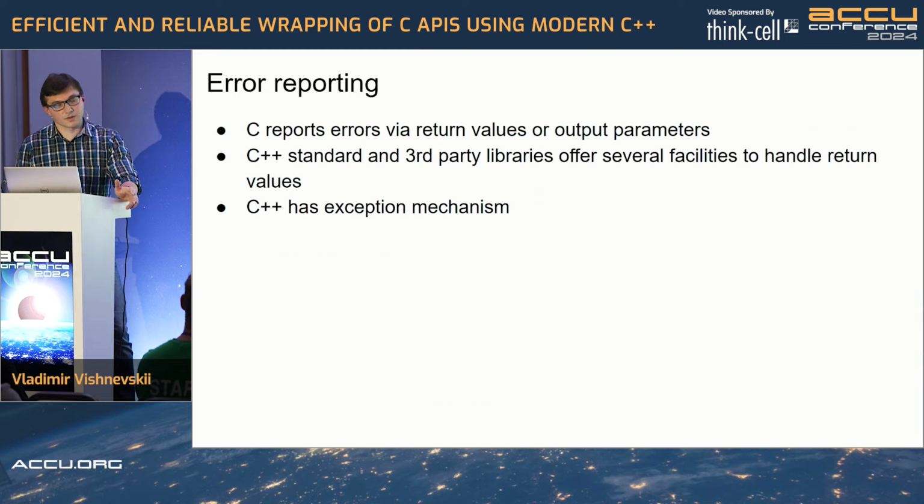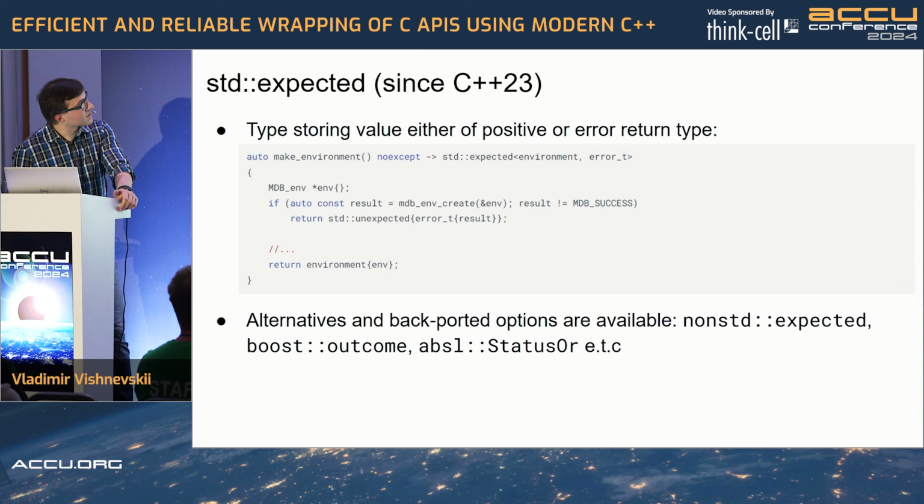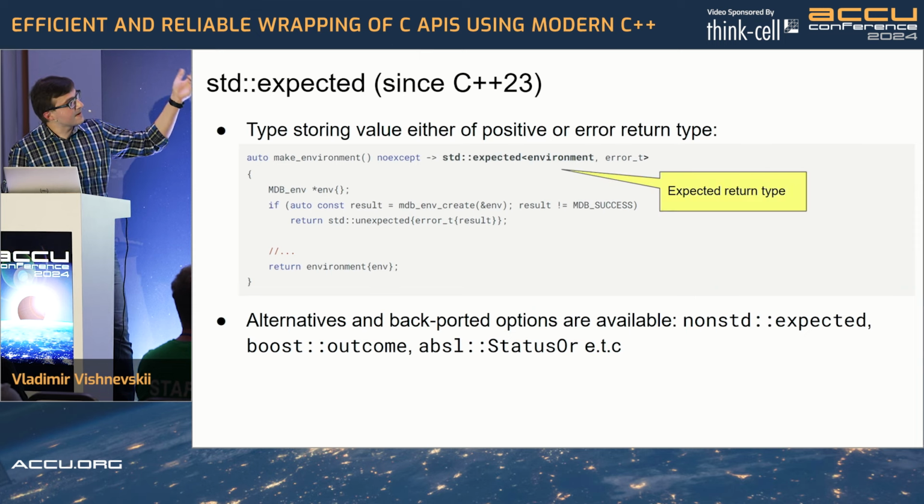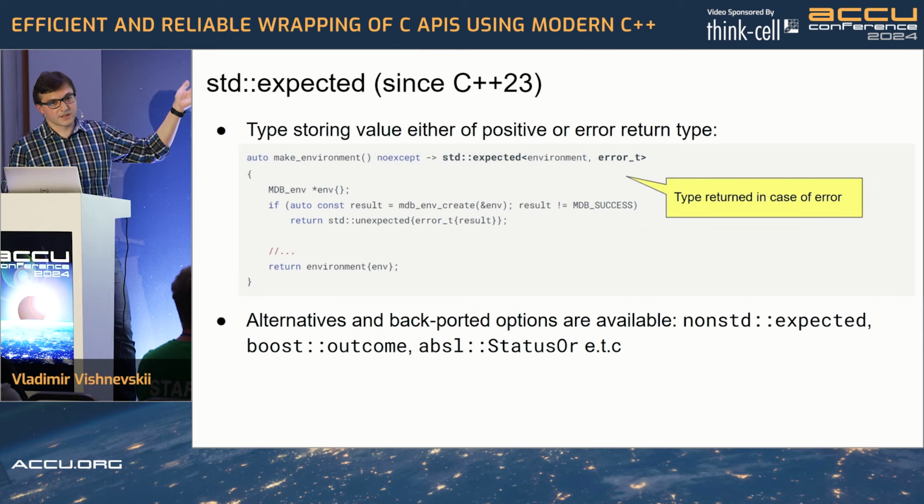In C++ we can also throw exceptions, and we now also have wrappers for return types or error types. In my example, I was using std::expected. That is a convenient way of doing this. This is a facility available since C++23 that can either store a value of the expected type or a value of an error type.